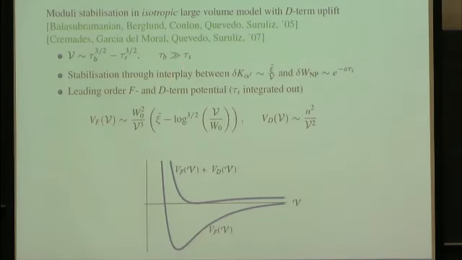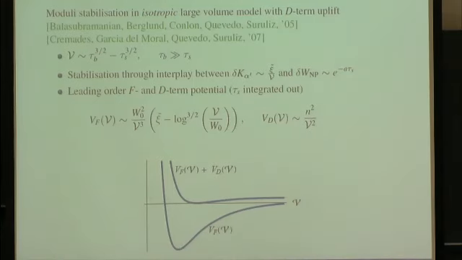The simplest thing you can do is consider a manifold which has 2 Kähler moduli. One is associated with a large four-cycle and one is associated with a small four-cycle. In this setup, stabilization in these large volume models happens through an interplay between alpha prime corrections to the Kähler potential and non-perturbative corrections to the superpotential associated with the small four-cycle.